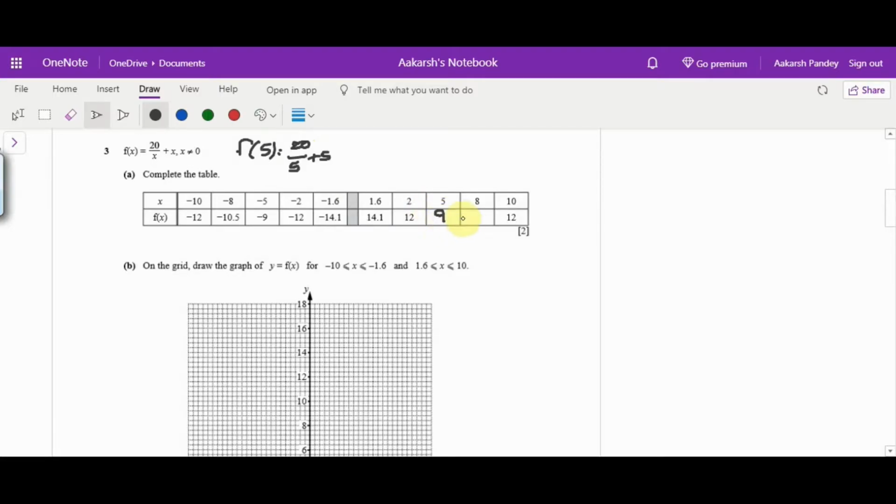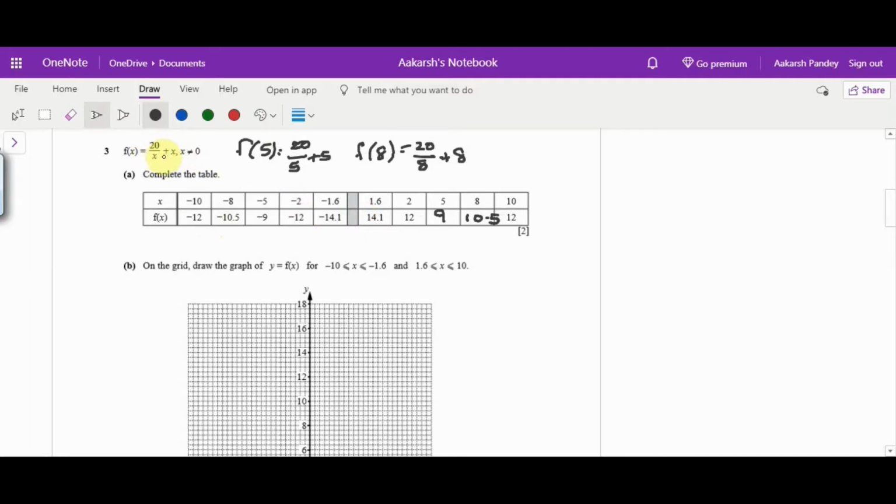This is 9. Similarly, f of 8 will be 20 by 8 plus 8. So you get 10.5.